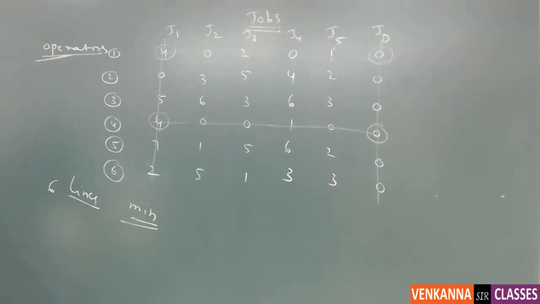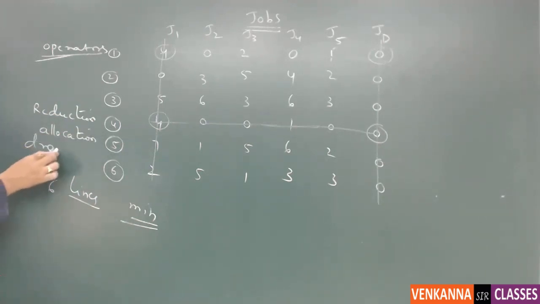The traditional approach is first performing the reduction, then going for allocation, then drawing lines. In practice, on observing the reduction process itself, you can say how many lines are required to cover all the zeros, whether you put an allocation or not.